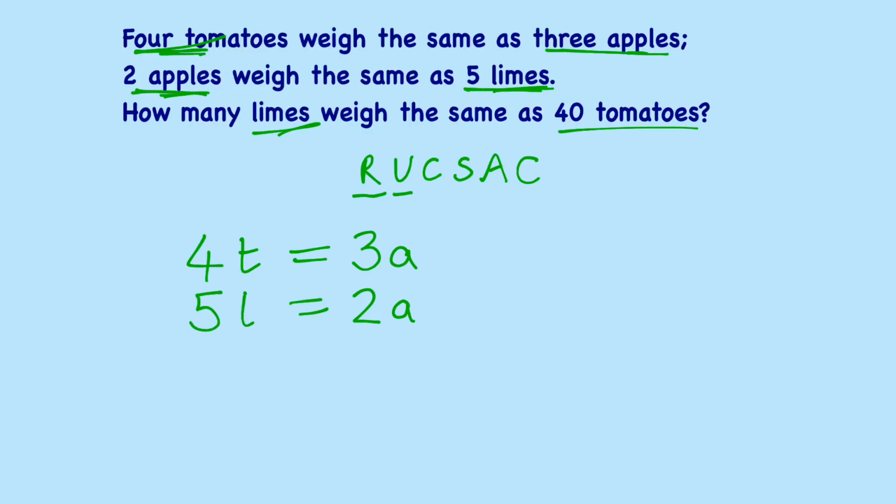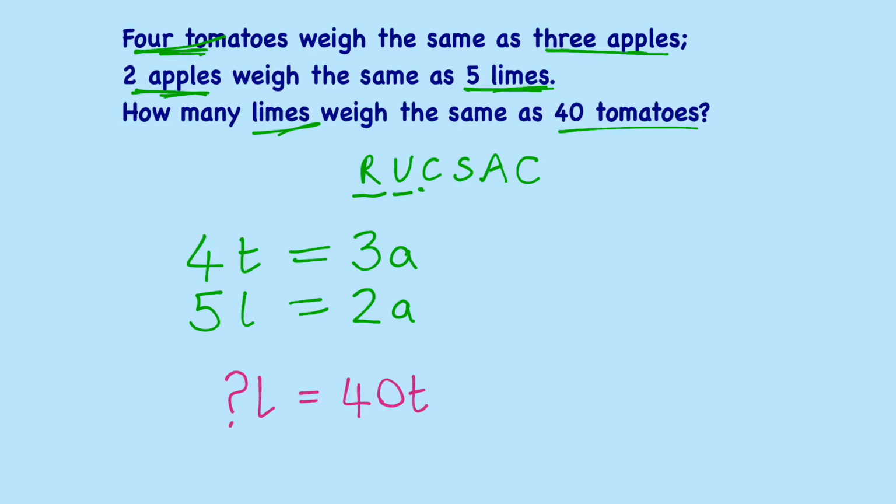So I know from the question that 4T is the same as 3A and 5L is the same as 2A. And what we want to know is how many limes are the same as 40 tomatoes.